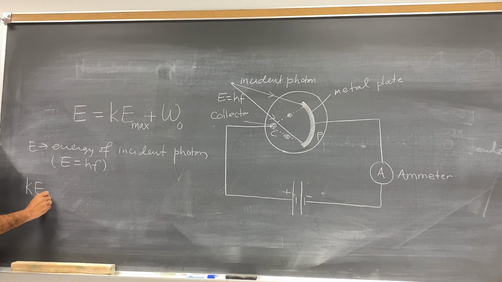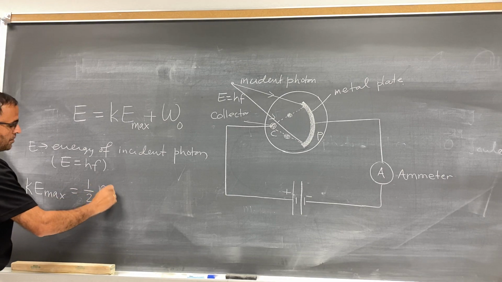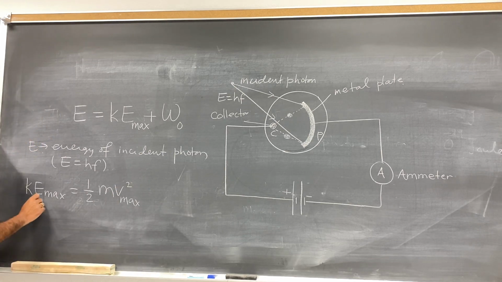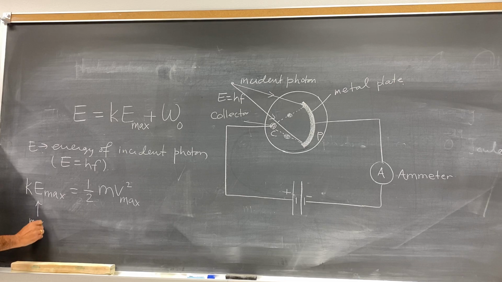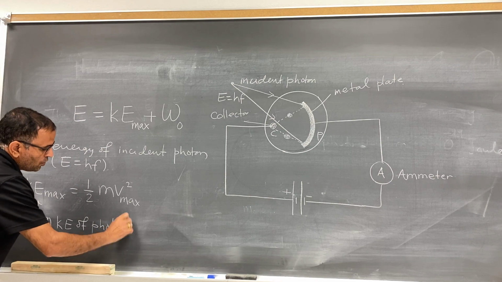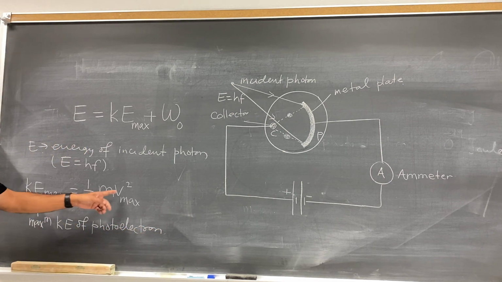KE max is simply 1/2 mv max square. This is the maximum kinetic energy of the photoelectron. You know the kinetic energy formula is 1/2 mv square.